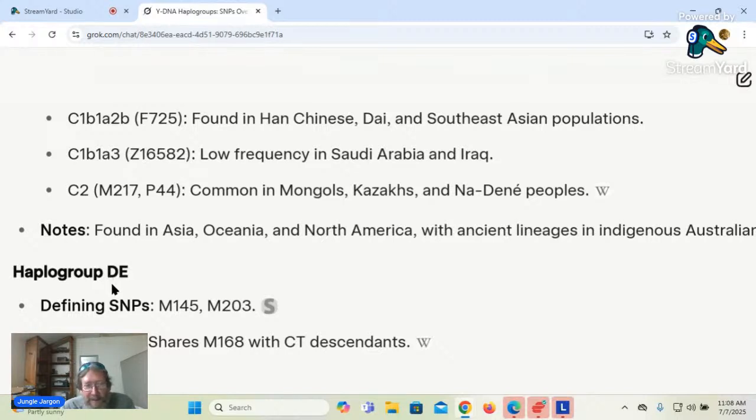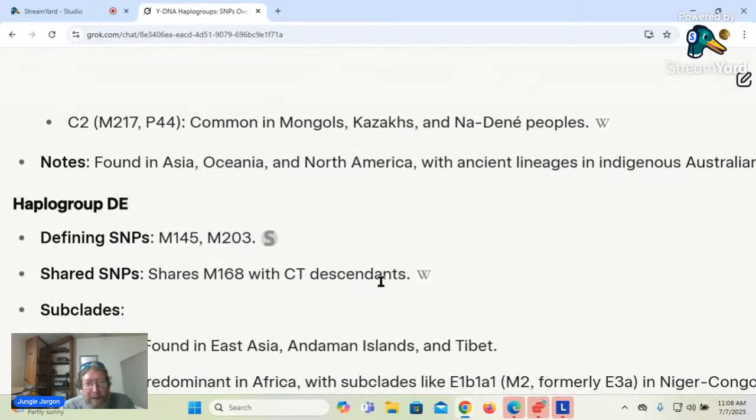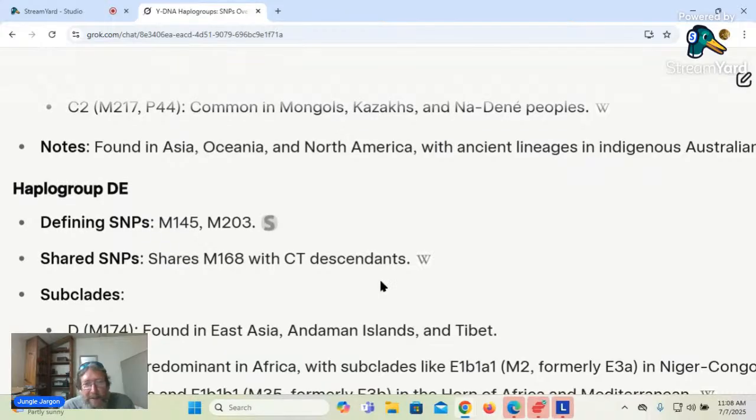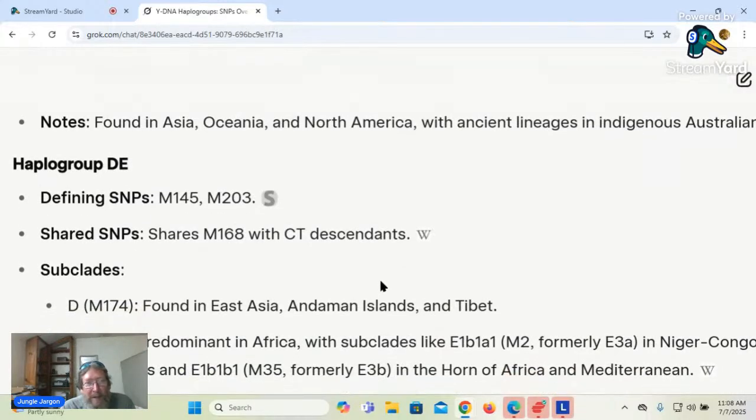D is obviously Canaan because it goes all the way to the land of Sinim. From the Canaanite tribe of Sin or Sinim it goes all the way to China, and that's where the D is found.